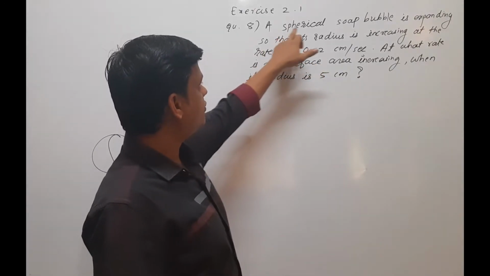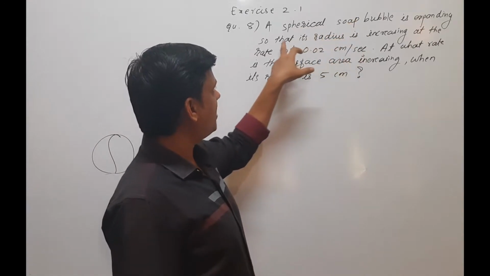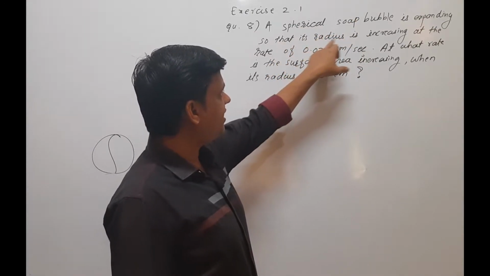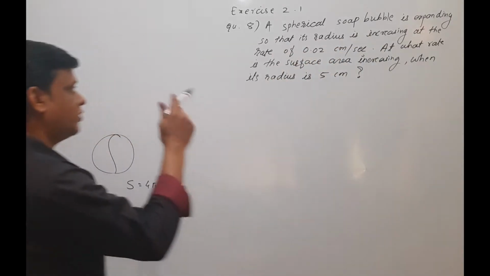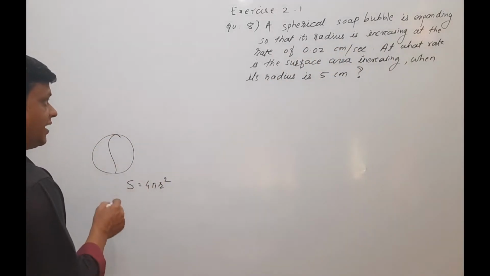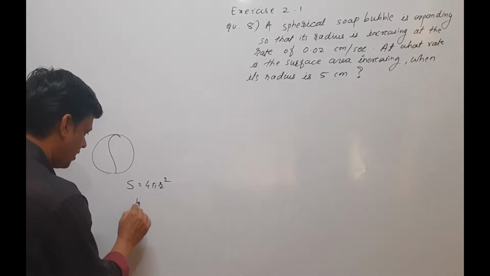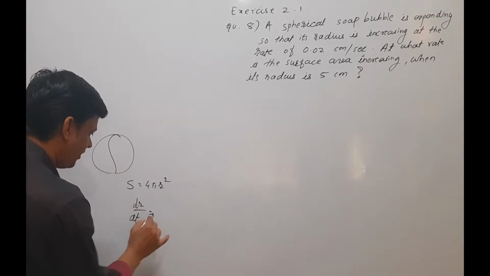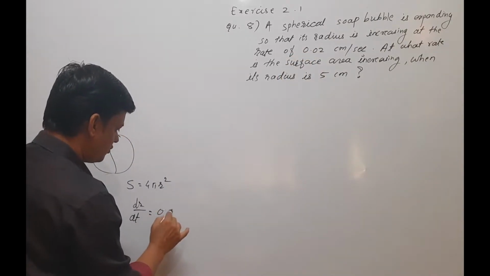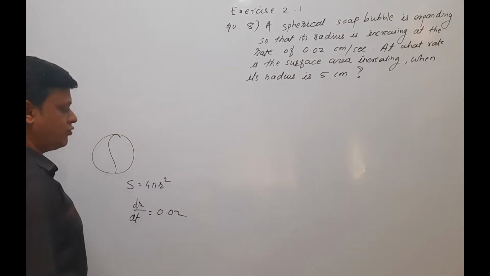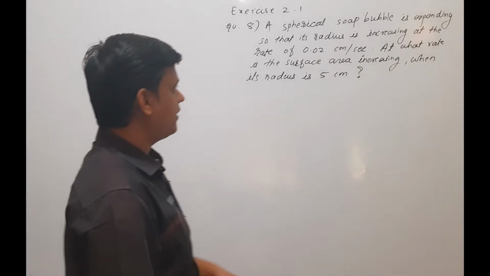here a spherical soap bubble is expanding so that its radius is increasing at the rate of. So here radius is increasing at the rate. That means here dr by dt is provided. So we write here dr by dt equals 0.02.